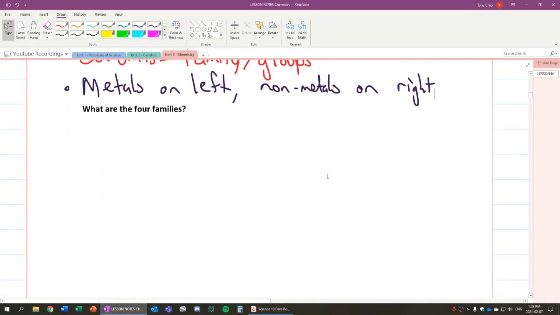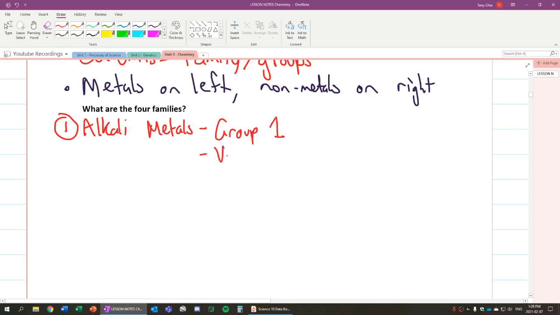So we have 4 families. What are they? Well, our first family is called the alkali metals. Now, the alkali metals are what we call our group 1 metals, and they are very reactive.